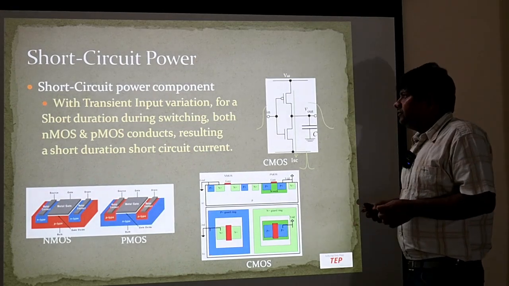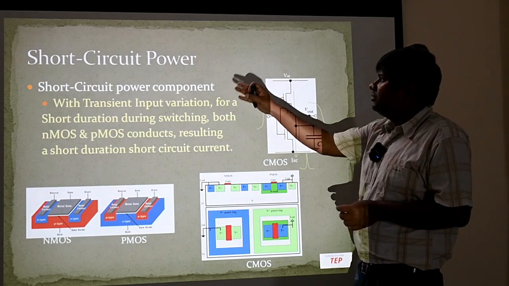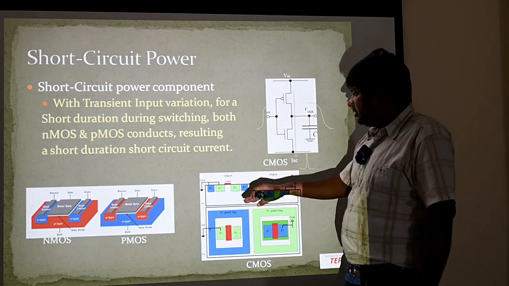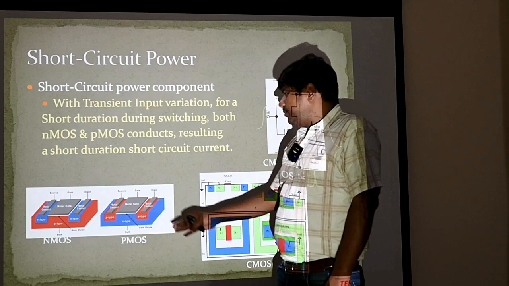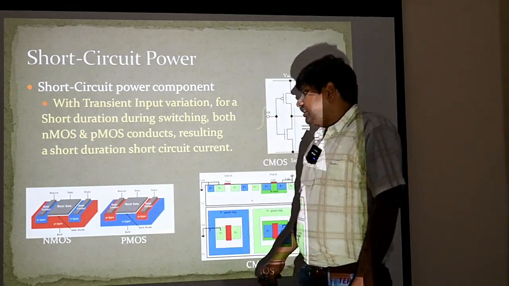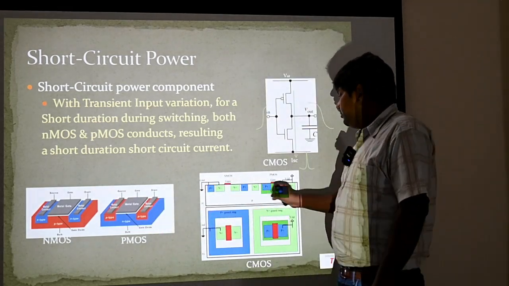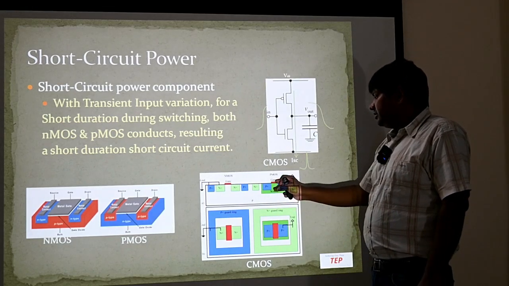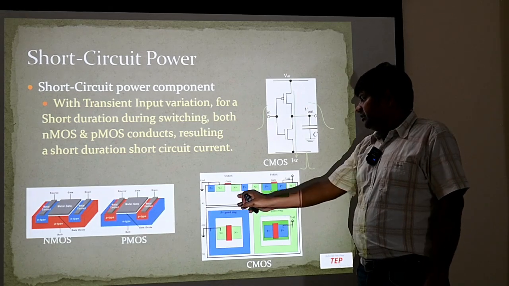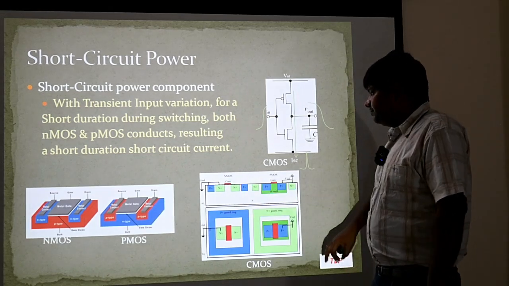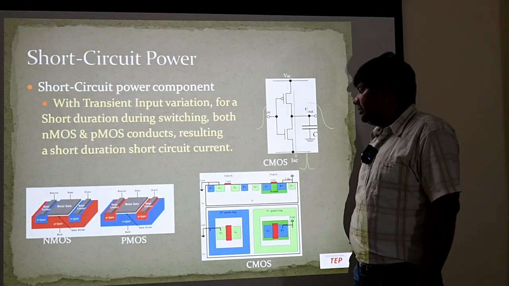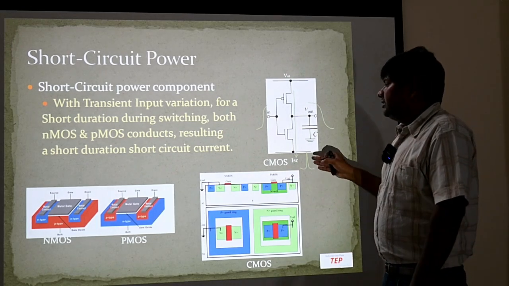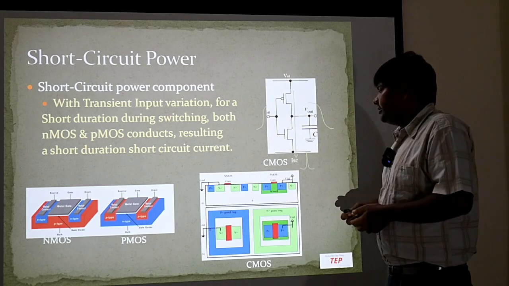There is one component of power dissipation that is called short circuit power, and before that I just wanted to illustrate how PMOS and NMOS are fabricated in the silicon. Ultimately there will be a CMOS where there will be an N well inside which a PMOS is constructed, and then in the P substrate there will be NMOS, and this PMOS and NMOS together form a CMOS, which is the basic building block of all the gates which rely on digital circuits.